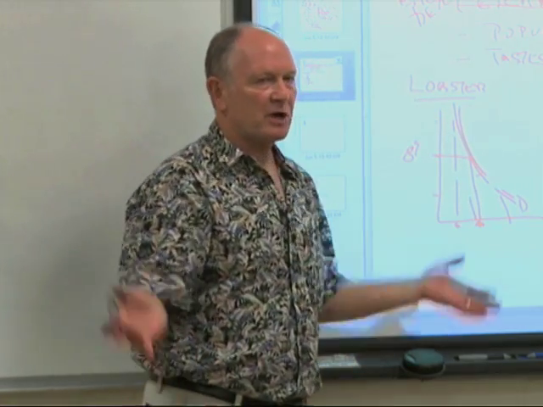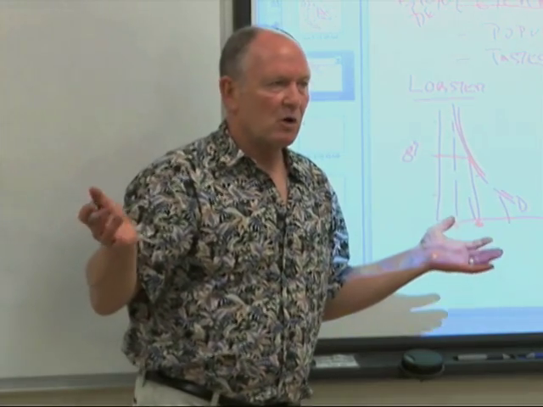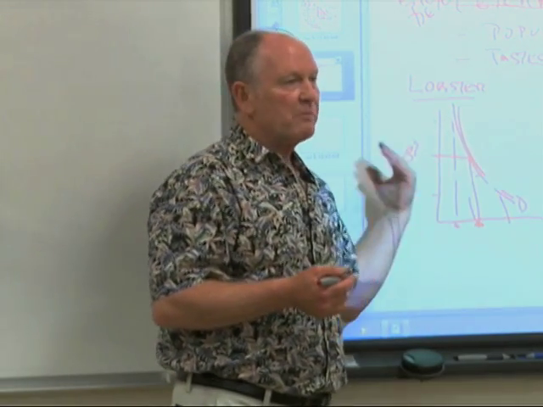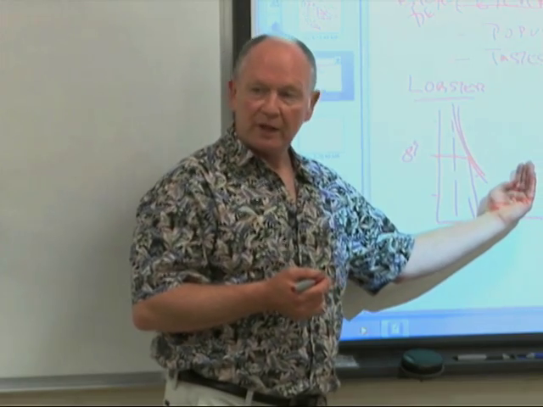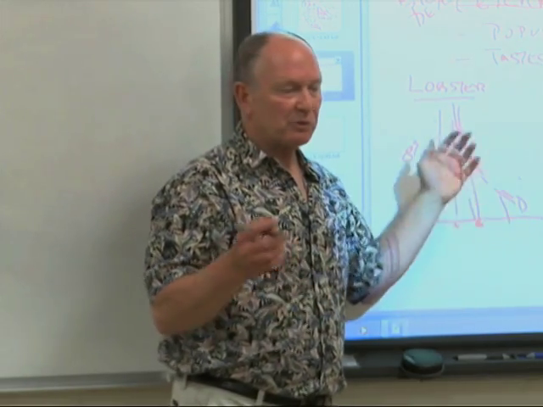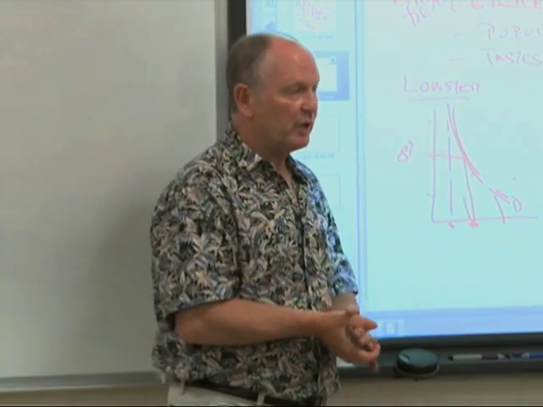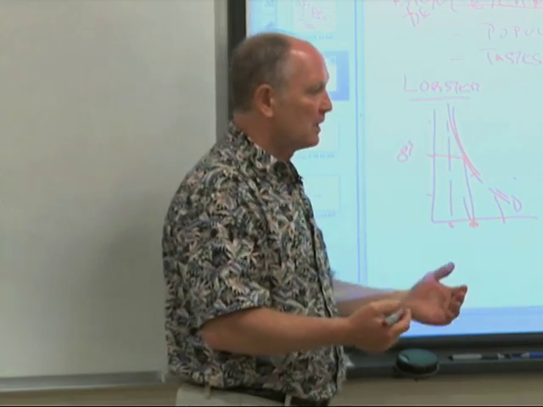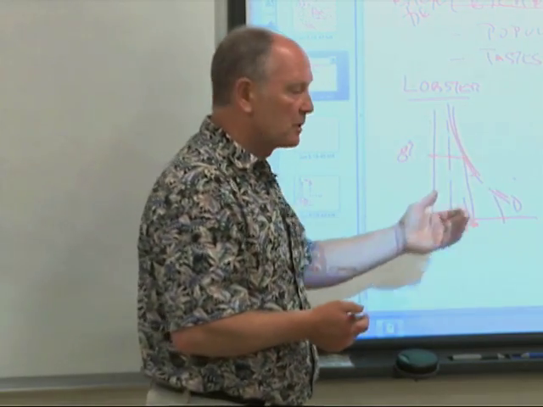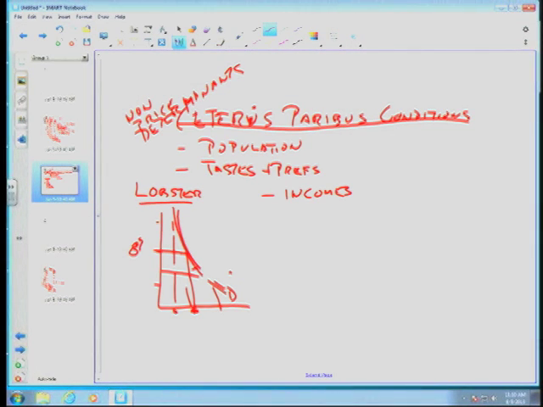So as our incomes increase, at every possible price, we buy more of the things that we want to have. We are able to satisfy more of our wants at every possible price if we have more income. So as incomes increase, demand increases also.